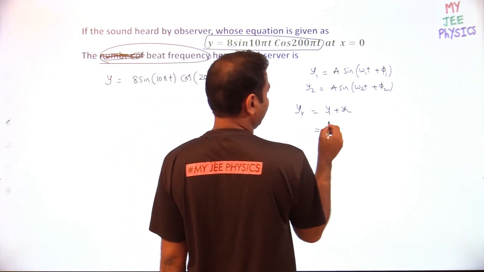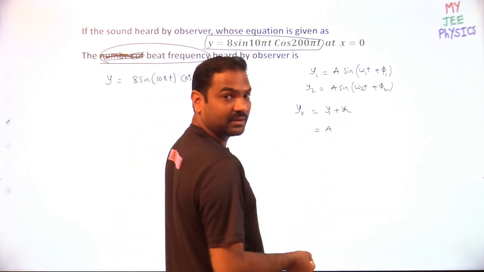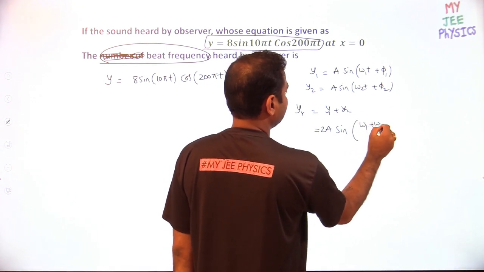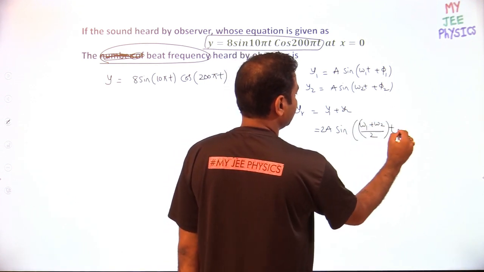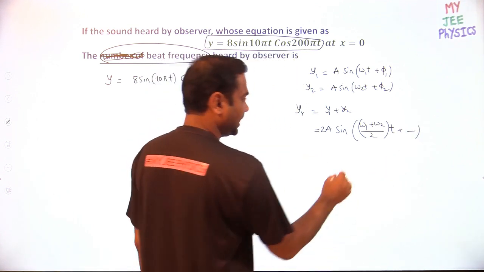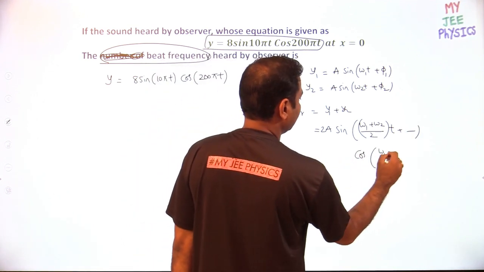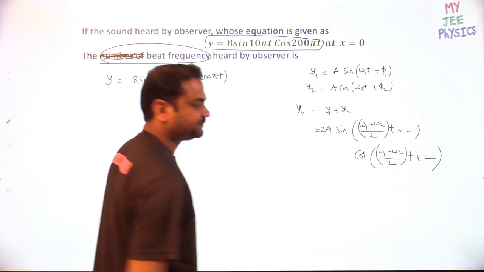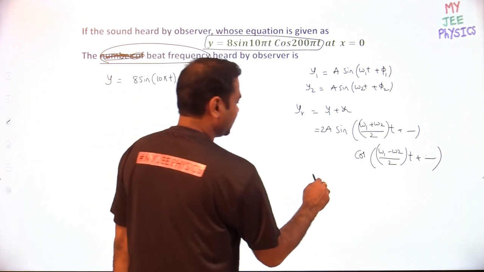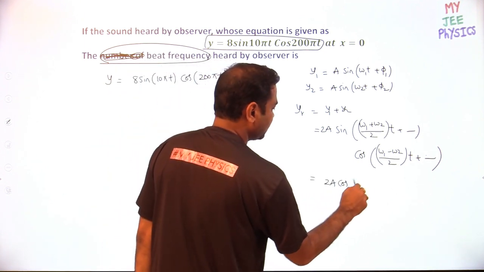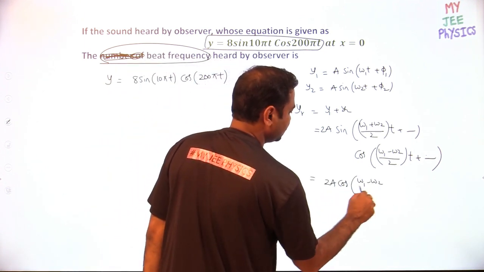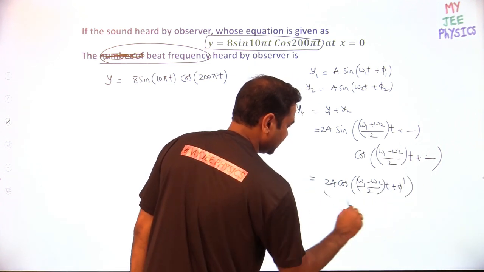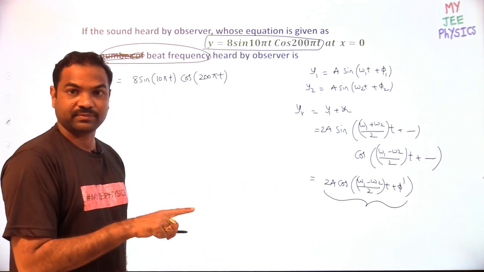So y1 plus y2, then sin a plus sin b gives 2 sin of (a plus b) by 2, that is omega 1 plus omega 2 by 2 into t, I'm not bothering about the remaining terms, multiplied with cos of omega 1 minus omega 2 by 2 into t plus some phase angle. So the amplitude is cos of omega 1 minus omega 2 by 2 into t plus phi, the amplitude as a function of time.